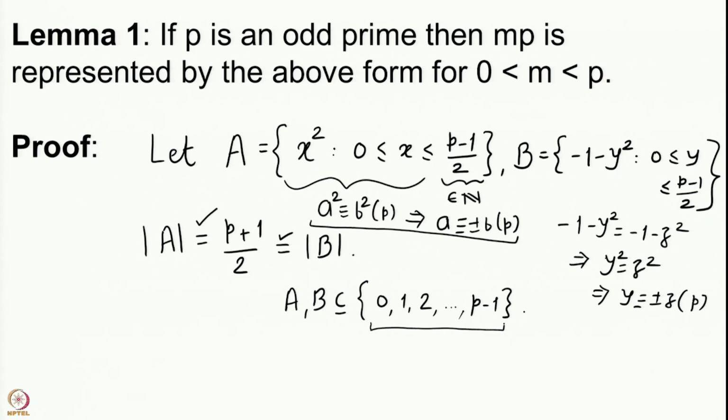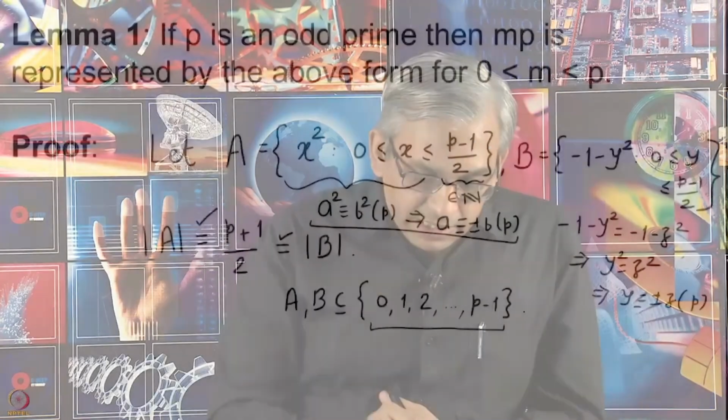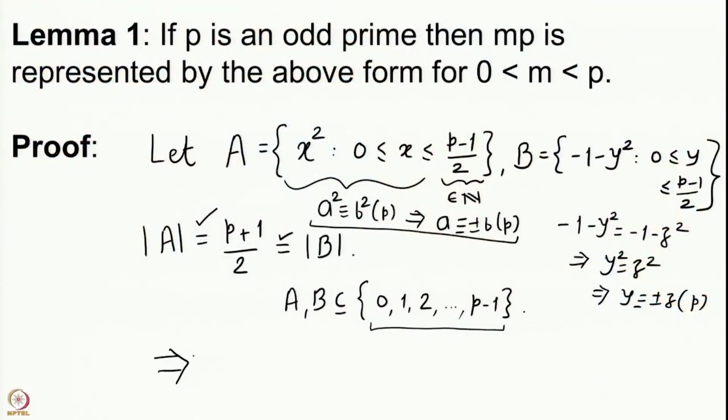So, there has to be a common element in the sets A and B, and this implies that there is some x square which is equal to some minus 1 minus y square. So, x square plus y square plus 1 is congruent to 0 mod p.